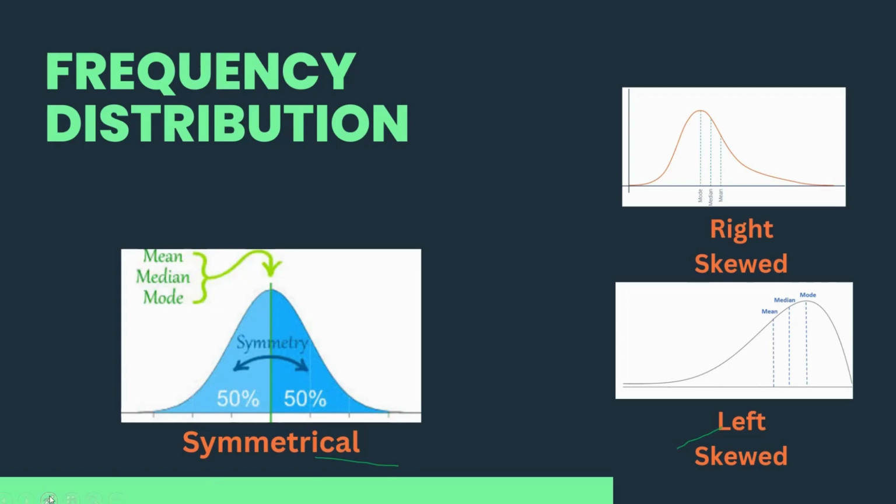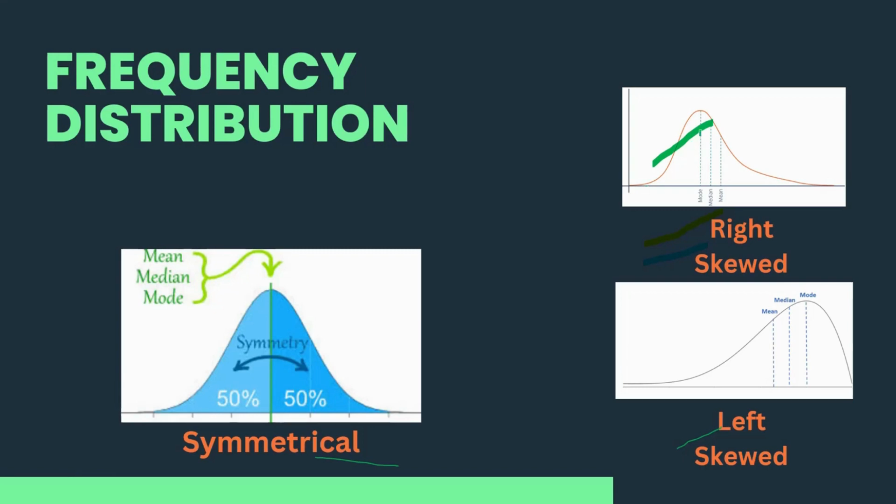Let's discuss what right skewed and left skewed are. As you can see in our figure, this is the right skewed data, which is elongated away from the origin of your distribution.